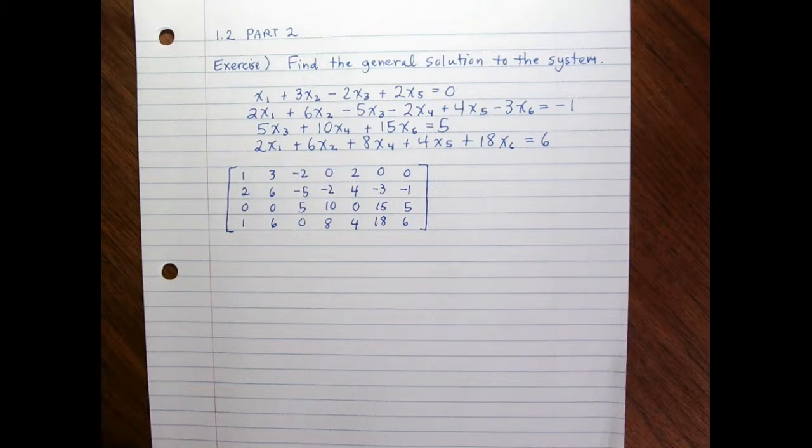Also, this is a pretty complicated, messy problem, and I chose this one on purpose because I actually think it's a lot easier to see what's going on from a problem that has lots of variables in it than from one that only has a few variables. Let's go ahead and start.